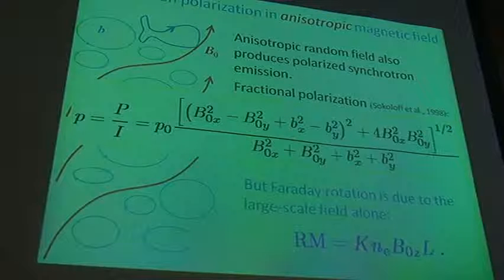But still, this statement remains true: whether the random field is isotropic or anisotropic, Faraday rotation measure is always sensitive only to the large-scale magnetic field. This is not an obstacle as long as you understand the physical effect. Including it in your interpretations is always more or less straightforward.